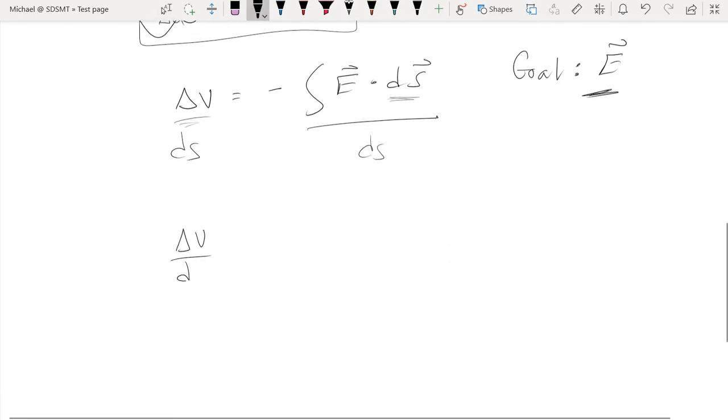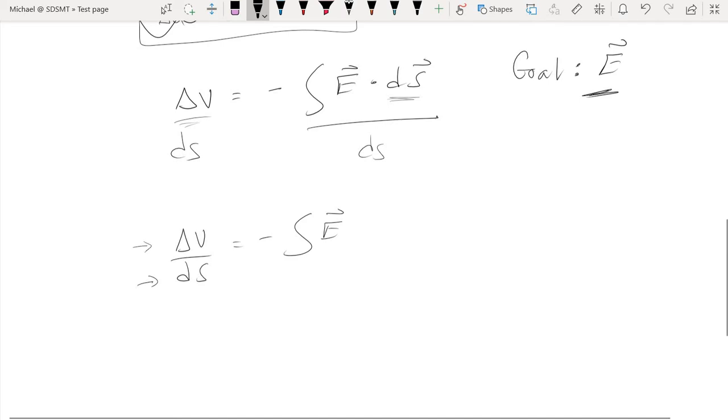And what we have now is kind of a strange setup in terms of the calculus, but I have a changing potential versus a changing value of position or displacement. And down here, this implies that the change is infinitesimal.